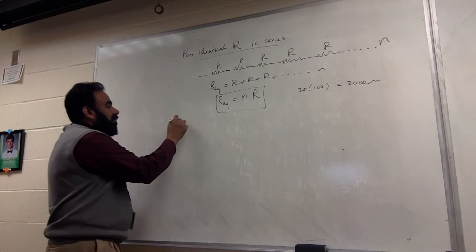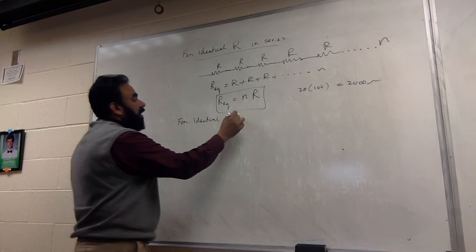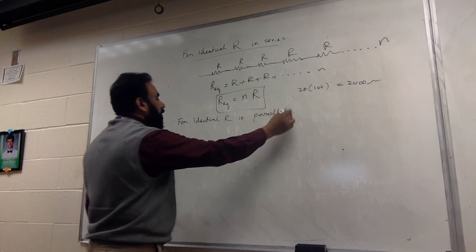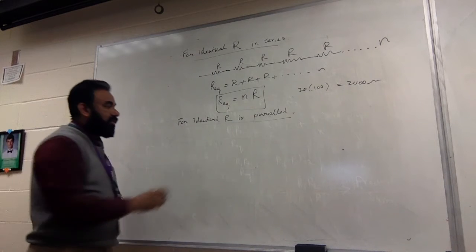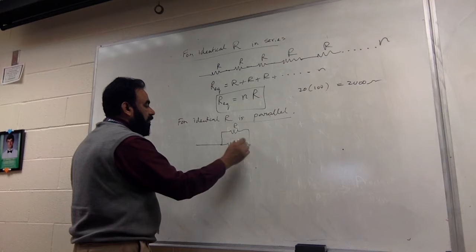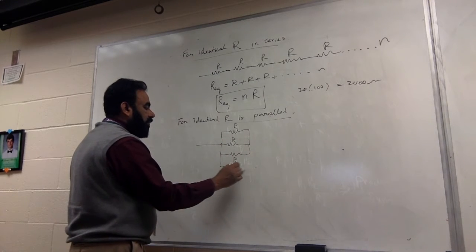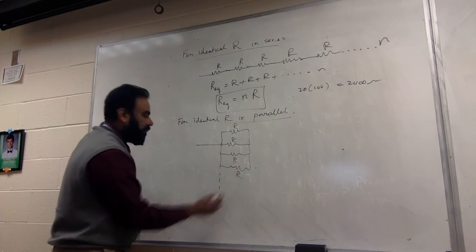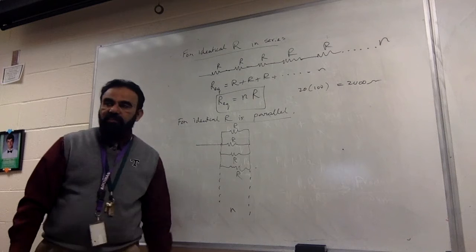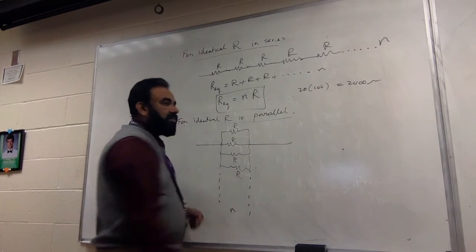Now, for identical resistors in parallel. So if I'm going to connect R, R, R, R, it's a ladder of identical resistors.